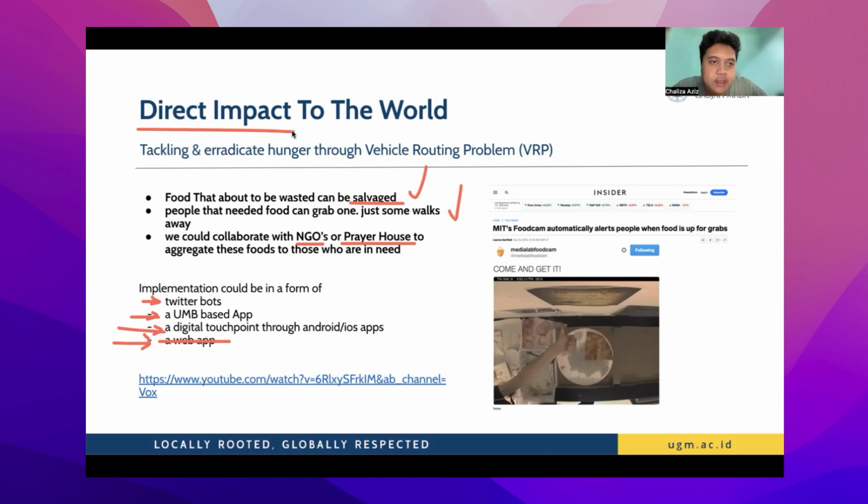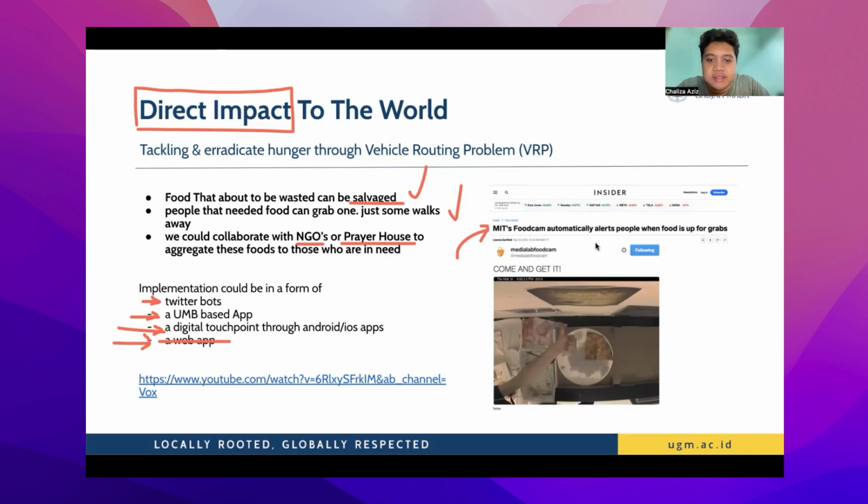So this concept is already used at MIT, the Massachusetts Institute of Technology, where they have an invention called Food Camp. I think it's essentially the same concept, just without the algorithm, just without the VRP and stuff. The key idea is to just share the leftover food that we have, but on a smaller scale.